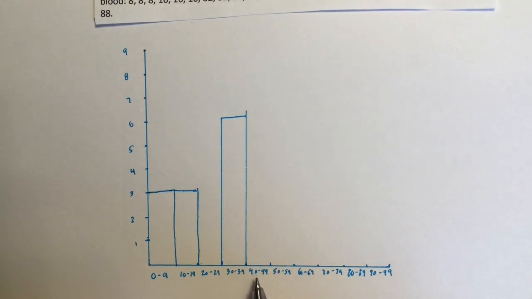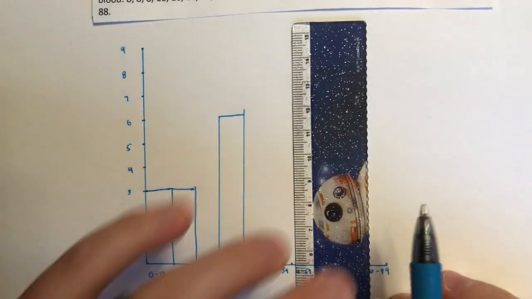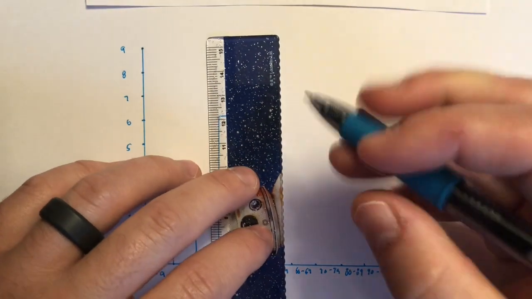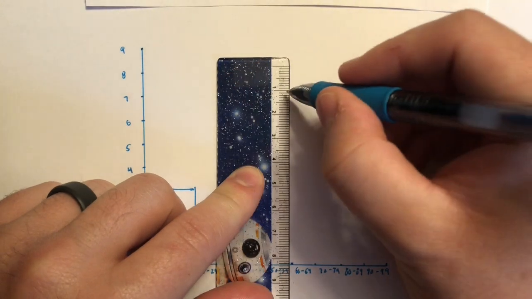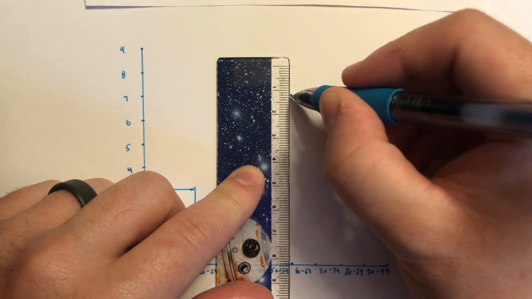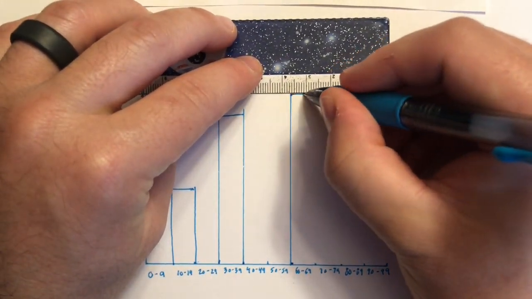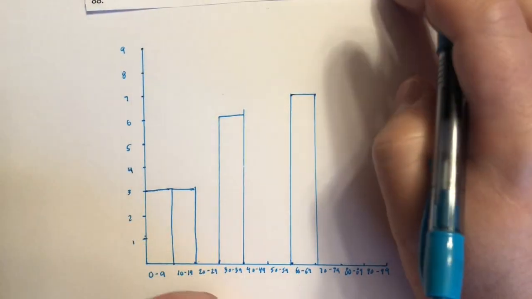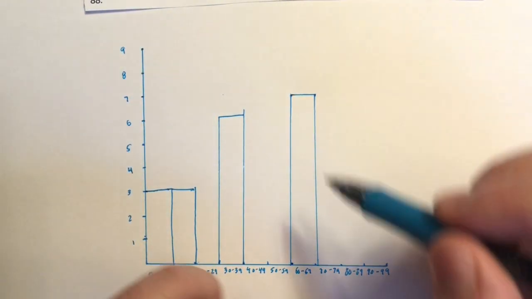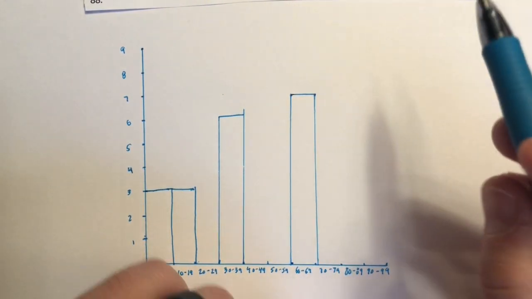Between 40 and 49, there's none. 50 and 59, there's none. 60 and 69, there's 7. Let's make sure we don't go up too high this time. All right, and then between 70 and 79, there's none, but between 80 and 89, there is 7 as well.